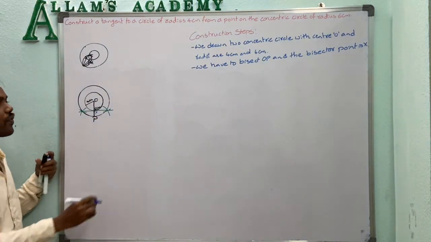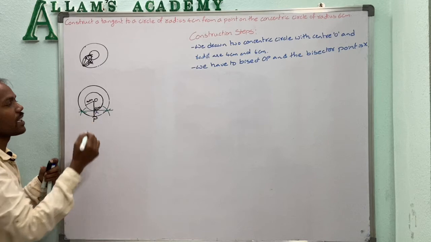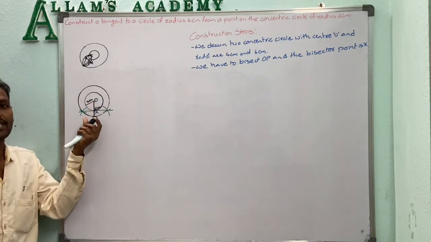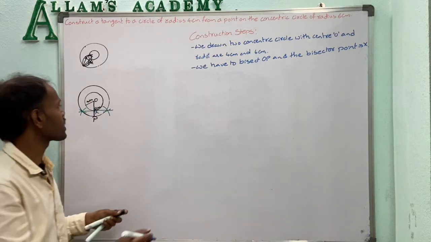Now with X as center and OX or XP as radius, draw a circle.